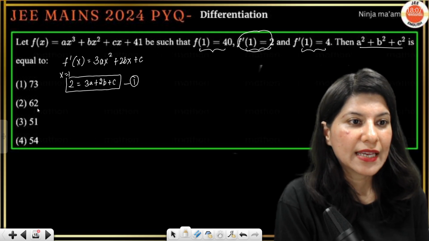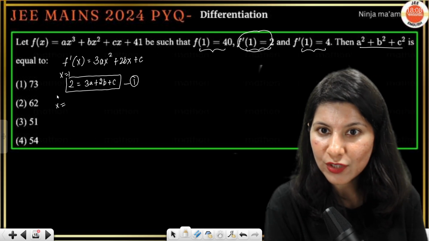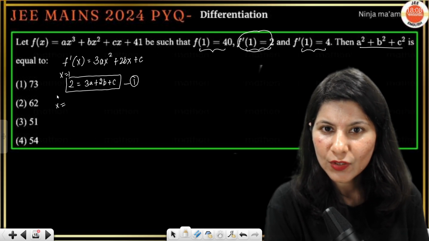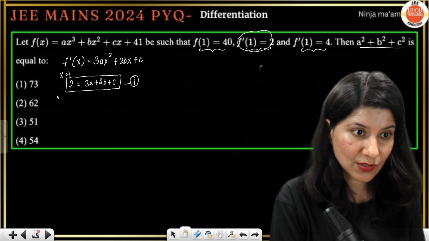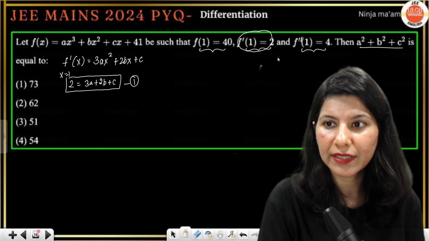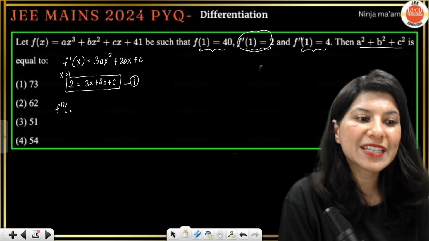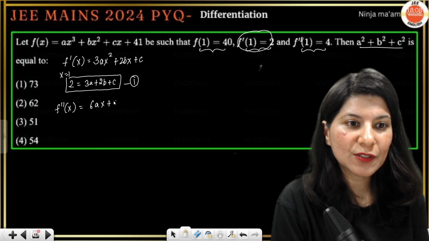Now hold on, they are giving f dash 1 as 2 and f dash 1 again as 4. Hold on, there seems to be some mistake. I guess this is f double dash, right? Now let's differentiate a second time, f double dash. So 6ax plus 2b.